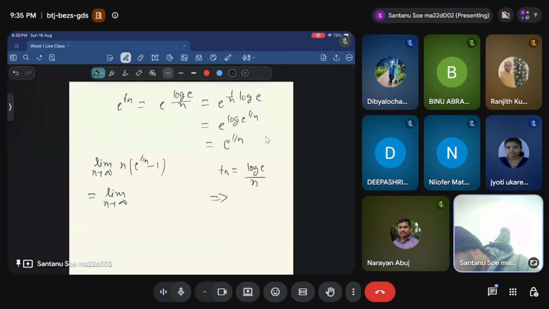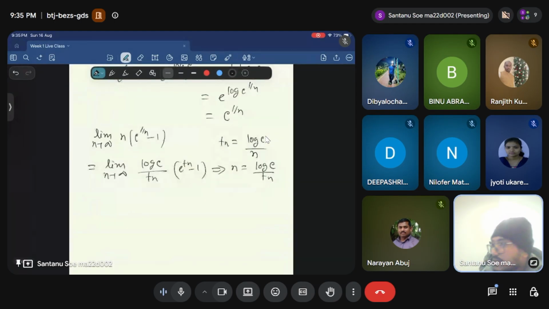So this will imply n is log c by T_n. Correct? And what about c to the power 1 by n? So c to the power 1 by n is exponential of T_n. Correct? So our whole sequence changes into the second sequence.